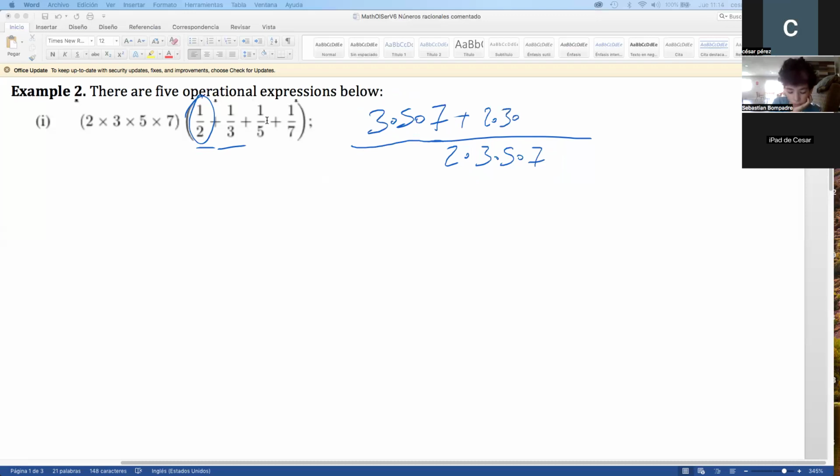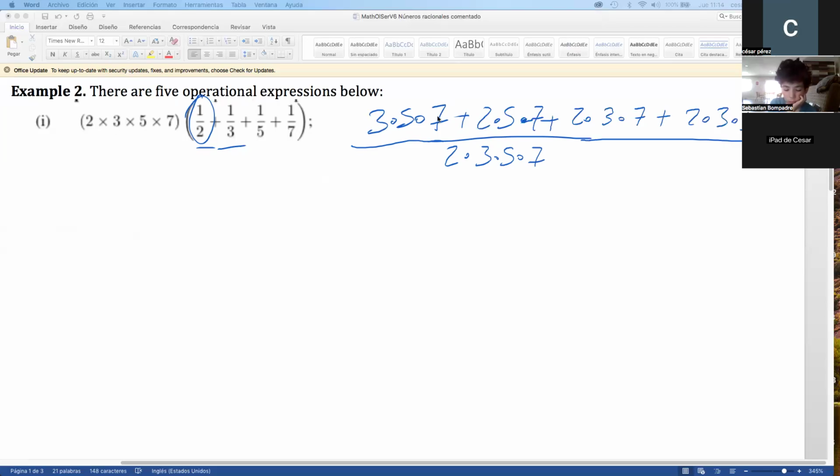The second must be 2 times 5 times 7. The next must be 2 times 3 times 7. And the next must be 2 times 3 times 5.